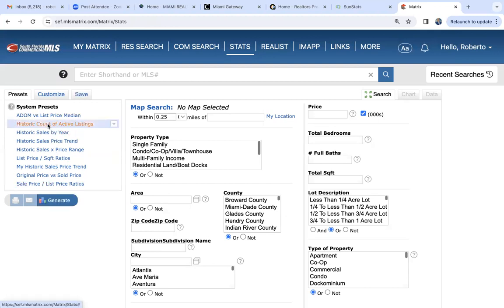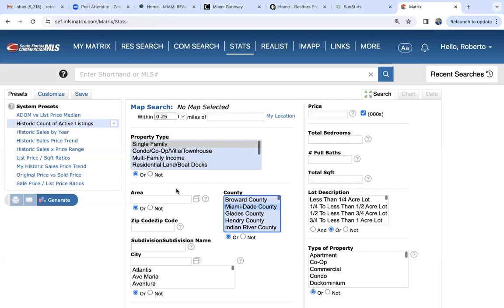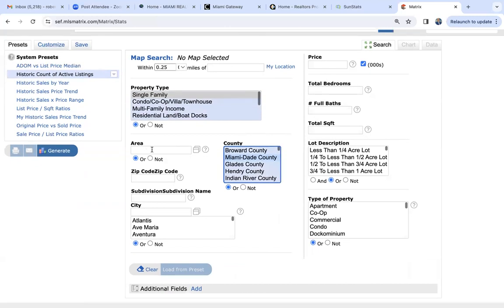We want to know how the inventory is for single family homes in all of Miami-Dade County. So we're going to go ahead and click on single family home, and then we're going to click on Miami-Dade County. Of course, guys, you can run a map search. You can run a radius search around a particular address. You can run this type of statistic search for any area, zip code, subdivision, or city.